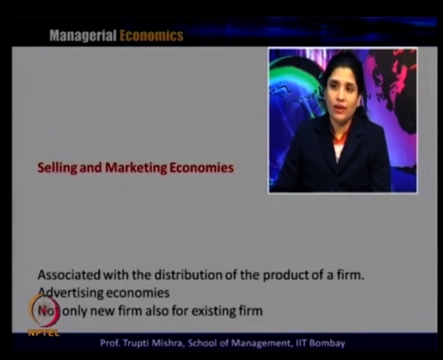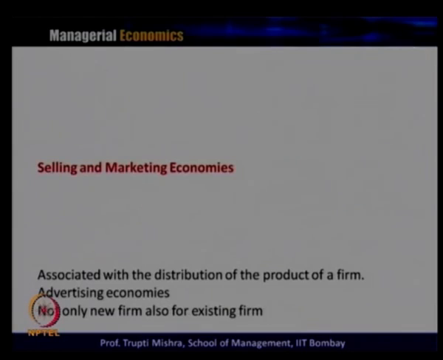When you talk about advertising, it is not only for the new firm but also for the existing firm, because when the existing firm launches a new product, or for their existing product, to keep it fresh in the memory of the consumer, they at least do a certain level of advertisement.